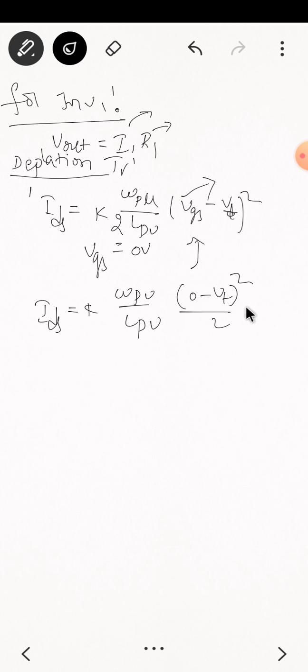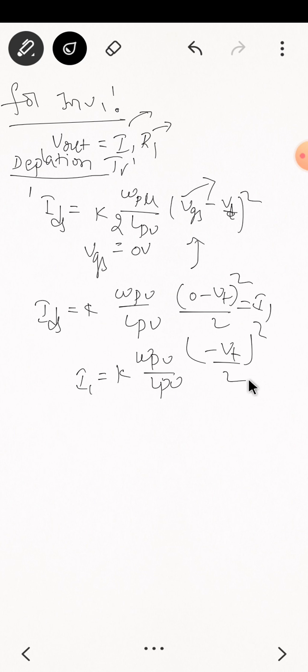I am taking it as I1. So I can write I1 is equal to K into (W_PU1 by L_PU1) into (minus VT) whole square by 2.